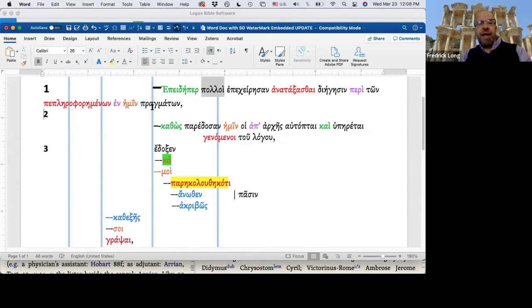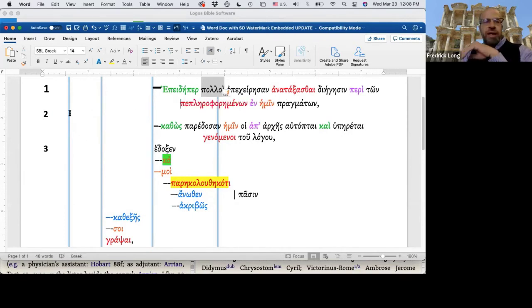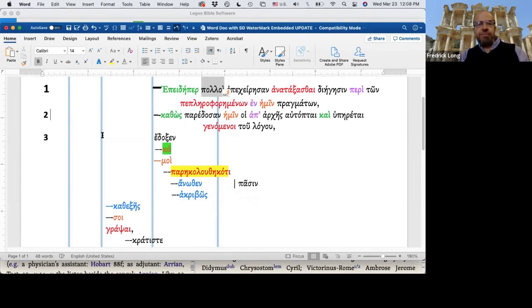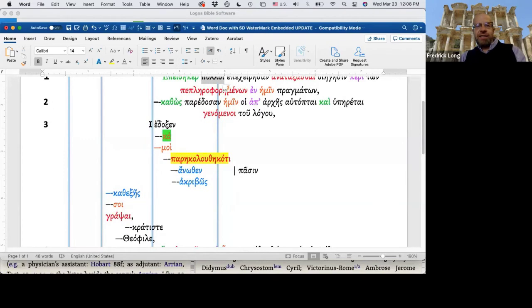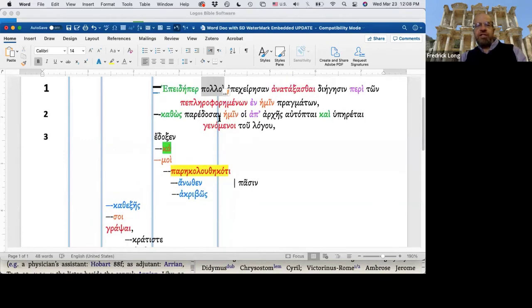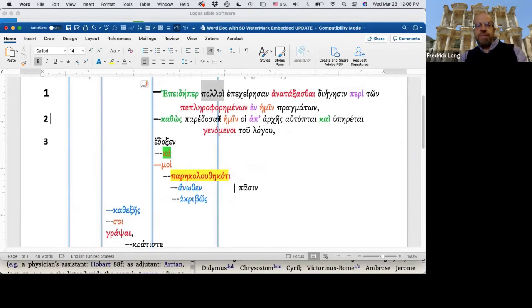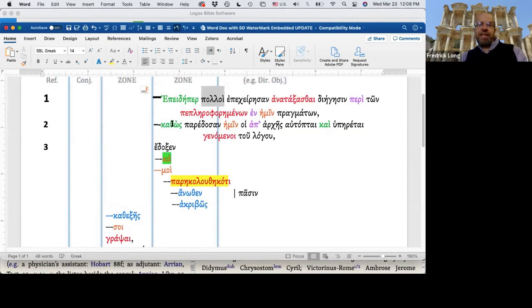And then you have this being part of that initial subordinating conjunction. So you basically have a main sentence with 3 subordinate clauses that are started by conjunctions, and they're indicated by the green.